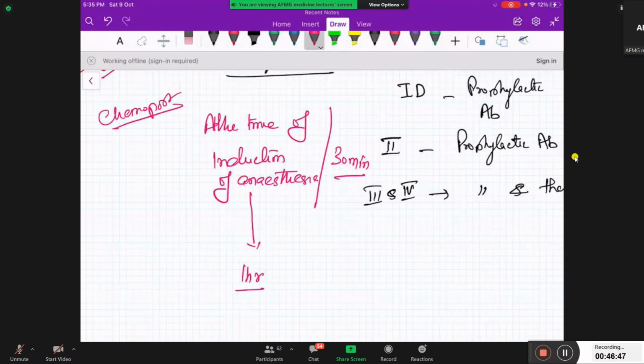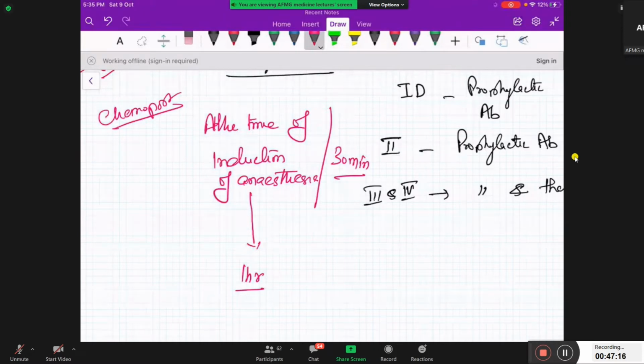For giving a chemotherapy, you can appreciate that you have to put a cannula in the IV line, right? So chemotherapies are usually given multiple times. Multiple times patient needs a chemotherapy. So that means every time you have to put a cannula. So instead of that, we insert a port inside the body, in the vessel, and that port is put in the subcutaneous plane under the skin.